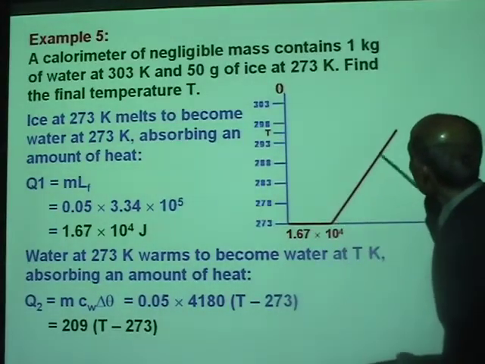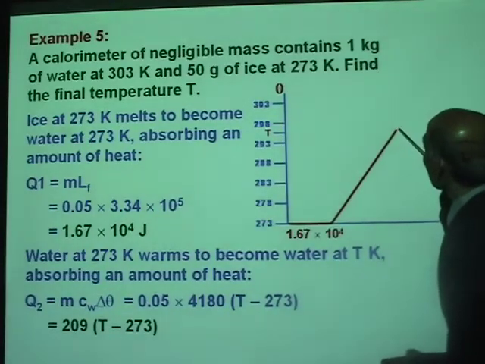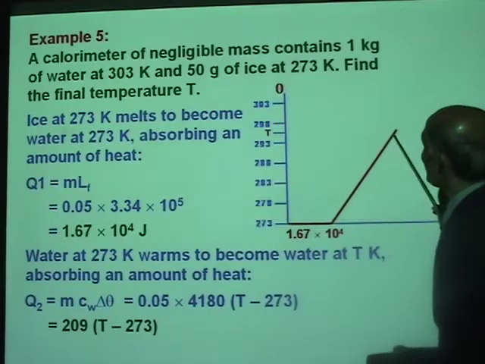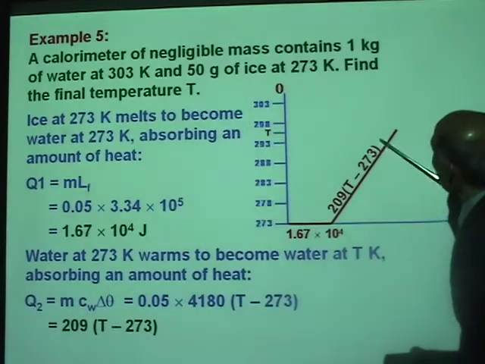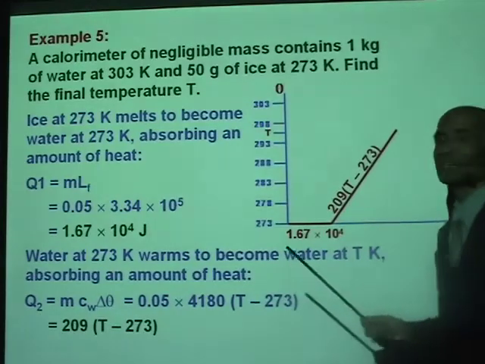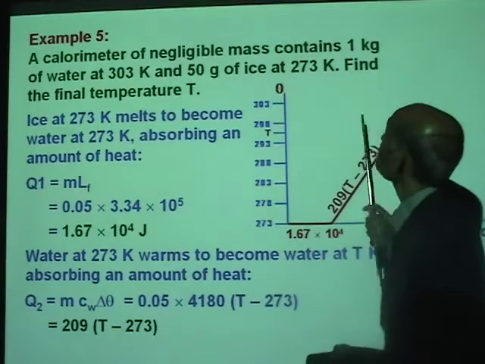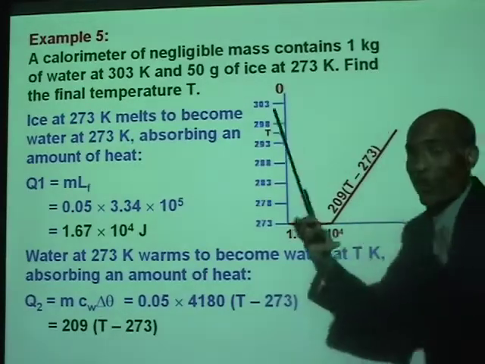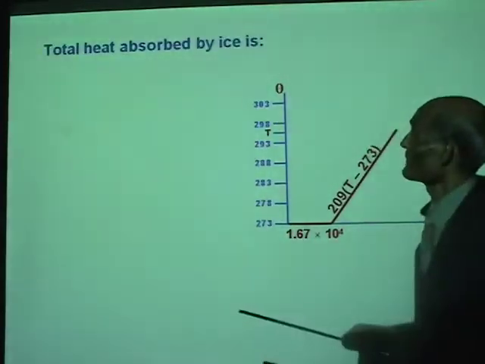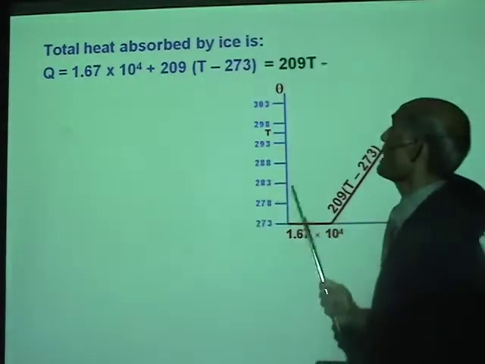And it will be represented here. Water at 0 degrees becomes water at T degrees, absorbing an amount of heat of 209 times T minus 273. Where does all this heat come from? Now, this is the total heat absorbed by ice.